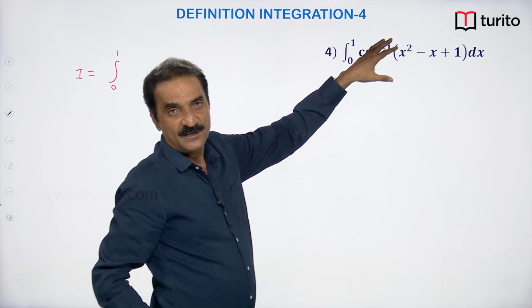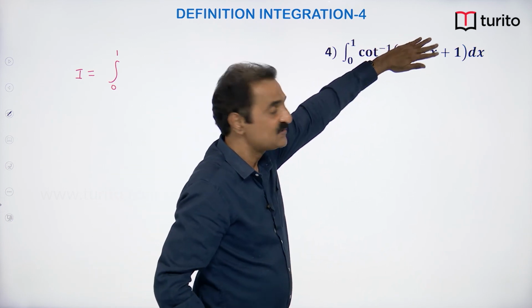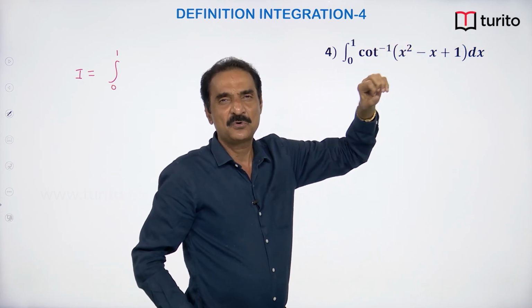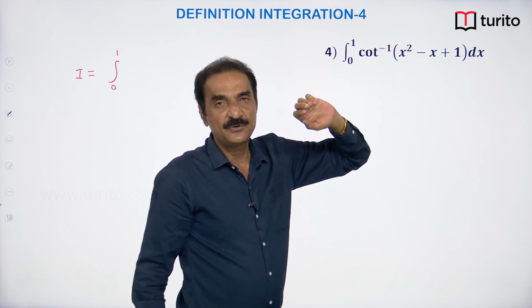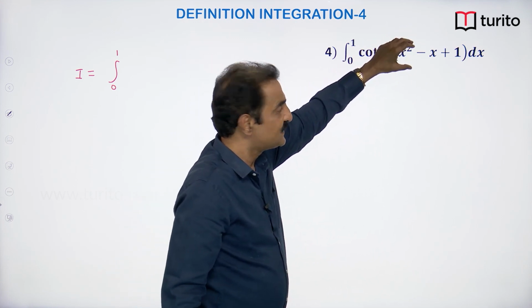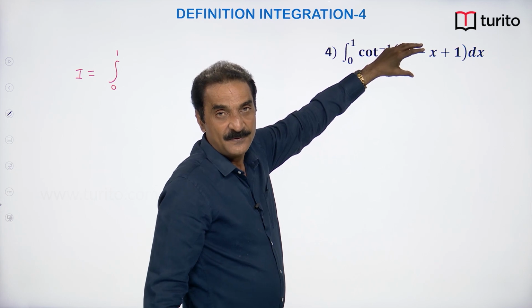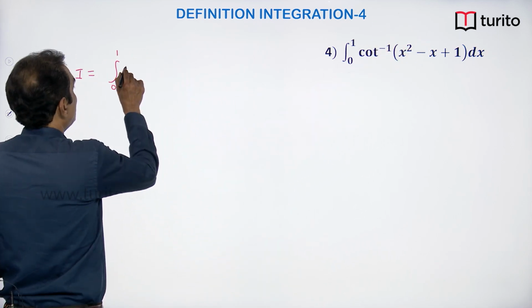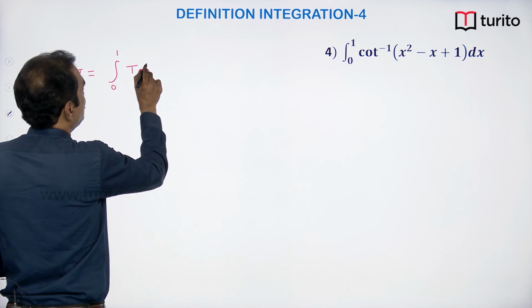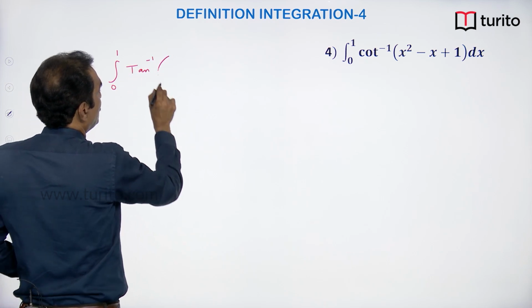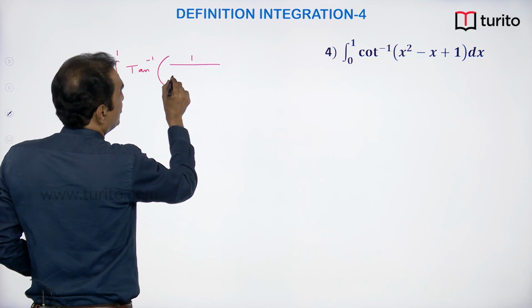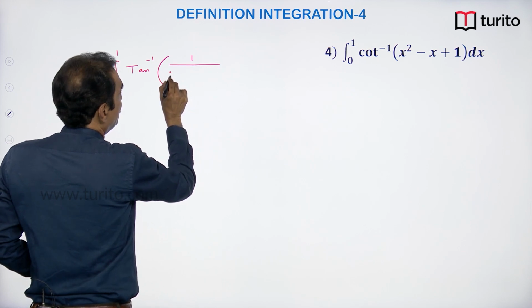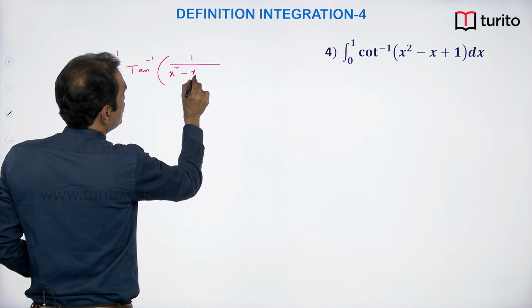Even if you take integration by parts, taking this as first function and second function as 1, it is so complicated. So what I will do is, first I will simplify this. If you want to simplify cot inverse, first express it as tan inverse. I will write it as tan inverse of 1 by x square minus x plus 1.